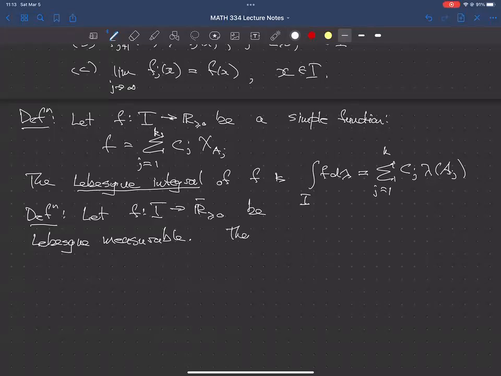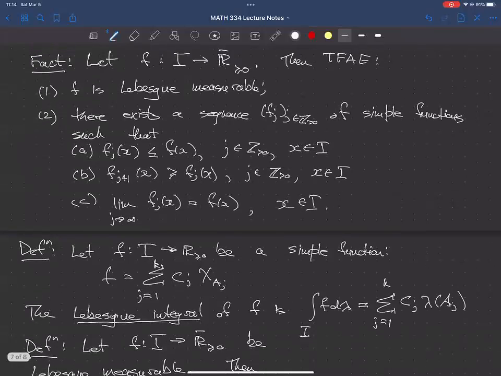Then, okay, the integral over I of f d lambda, the way I define this is I define it to be the sup of the integral over I of g d lambda, where g is a simple function.